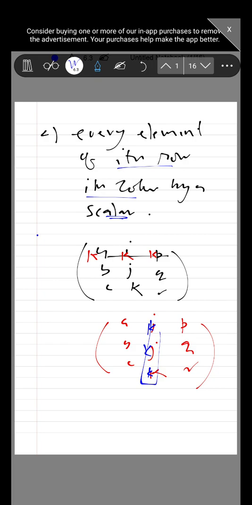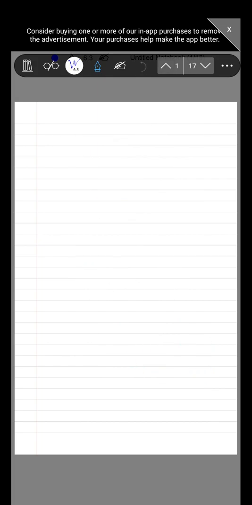And the third type of elementary transformation is the addition to the elements of the ith row of a scalar K times the corresponding elements of the jth row. So if there is an ith row, we convert it into ith plus scalar times jth row.